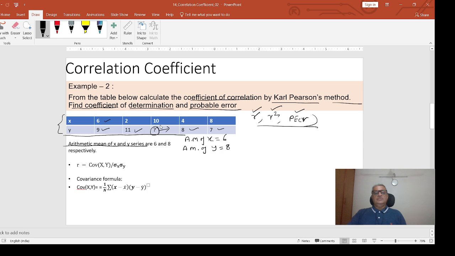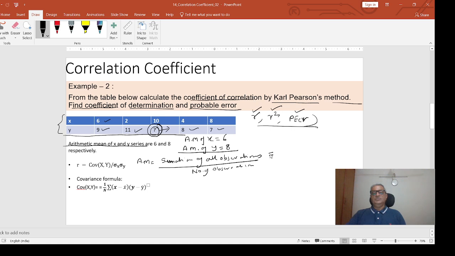How do we find this value first? How do you calculate AM? AM is equal to the summation of all observations divided by the number of observations.